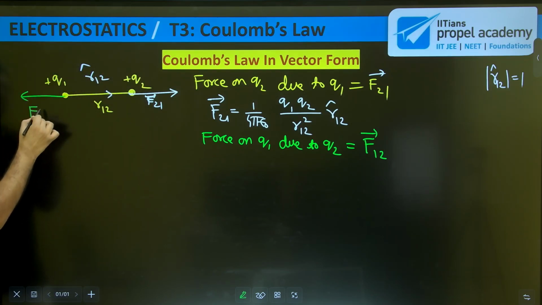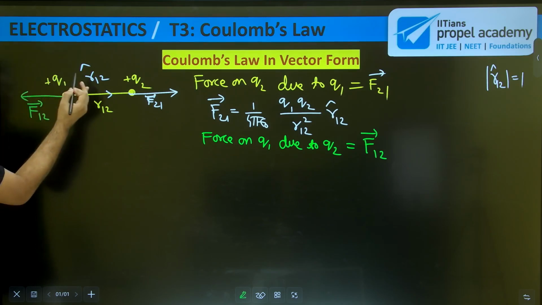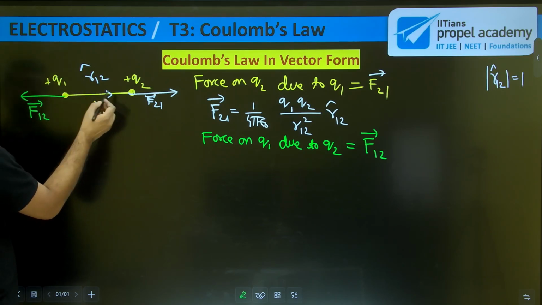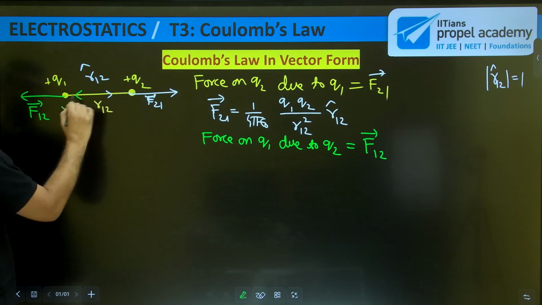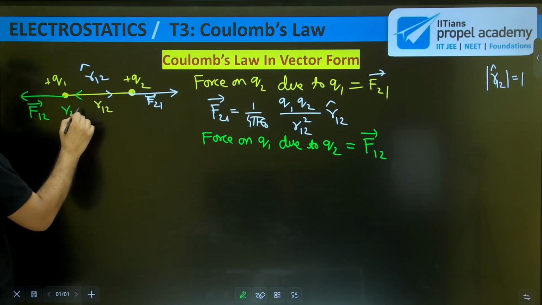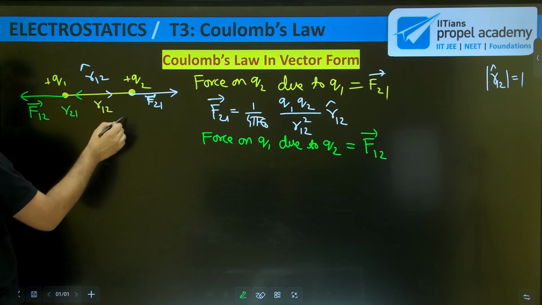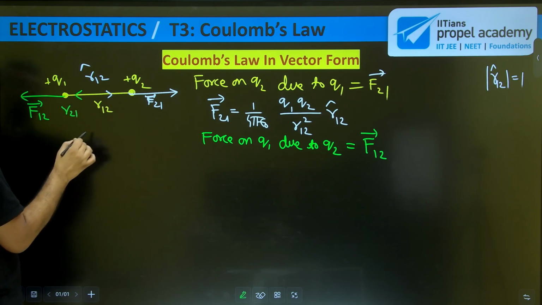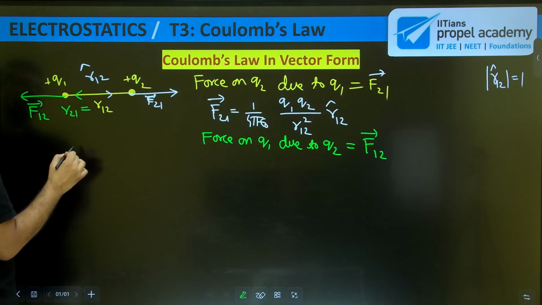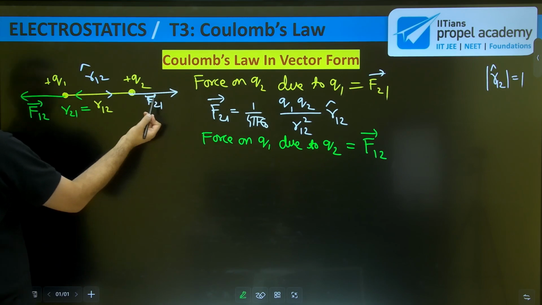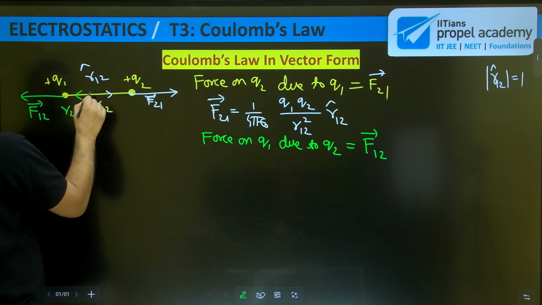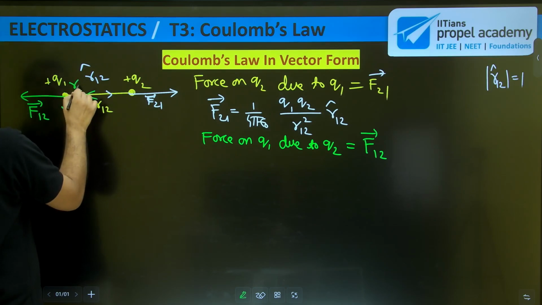This direction, in terms of a unit vector, I can write as R21 cap. R12 is the distance between 1 and 2, R21 is the distance between 2 and 1. Both are same-sign charges, right? The unit vector R12 I gave towards the right, so R21 I will write towards the left. So R21 cap.